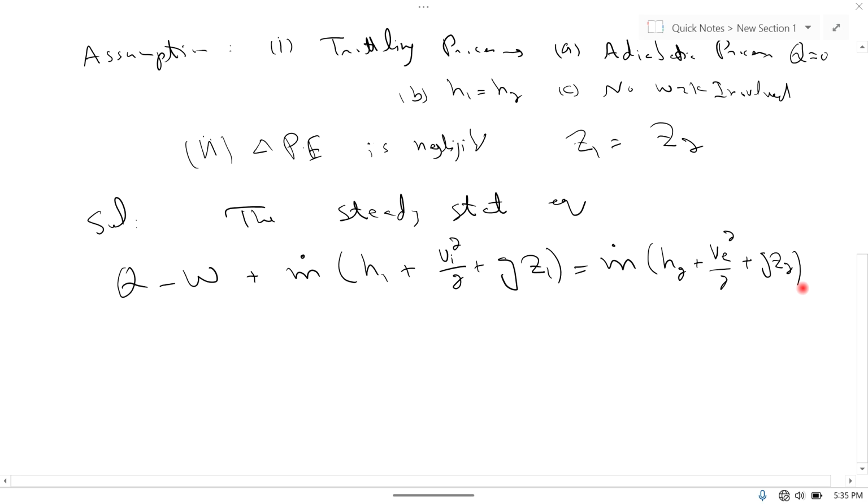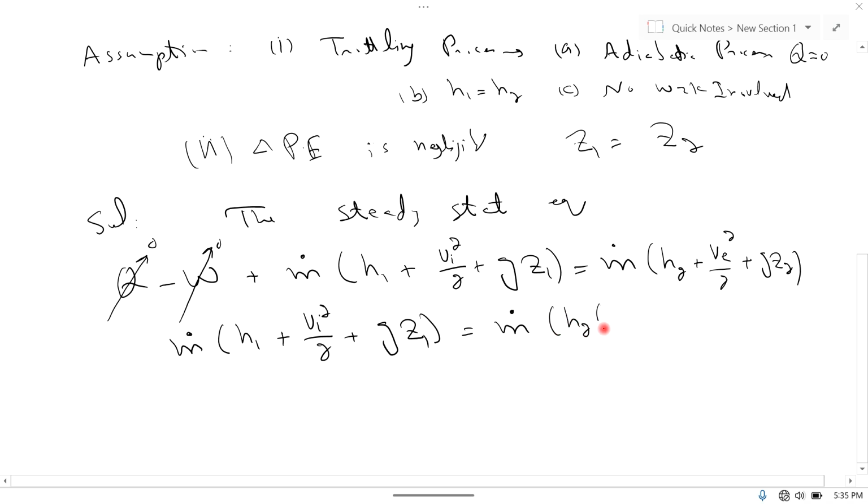Here the process is adiabatic, so Q is equal to 0 and no work is involved, so W is also equal to 0.